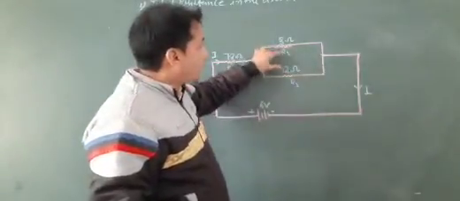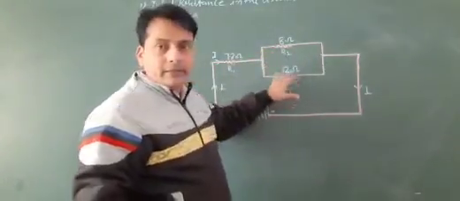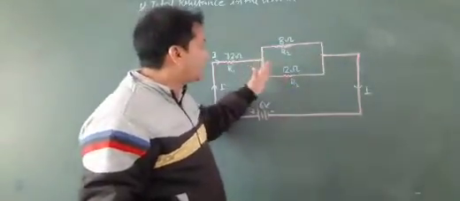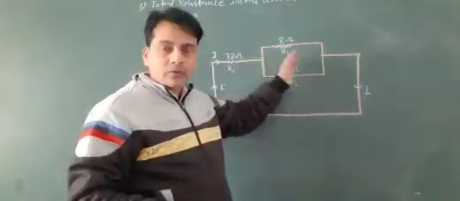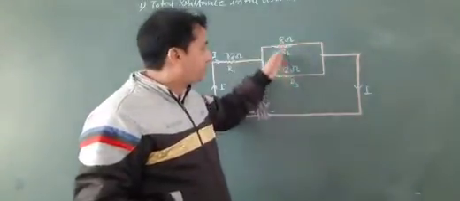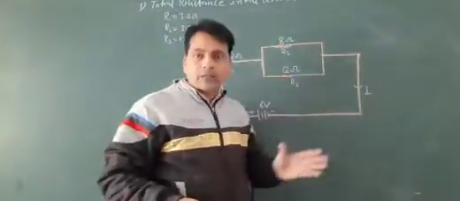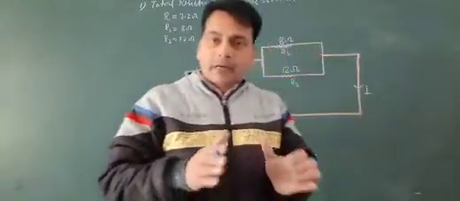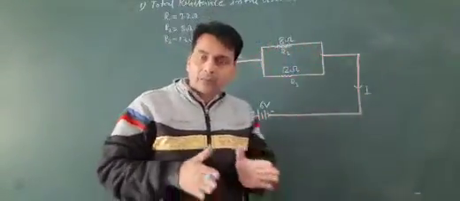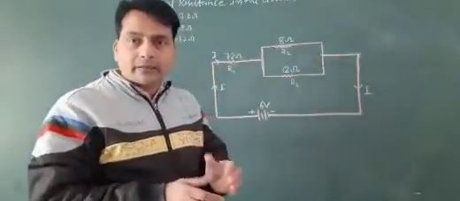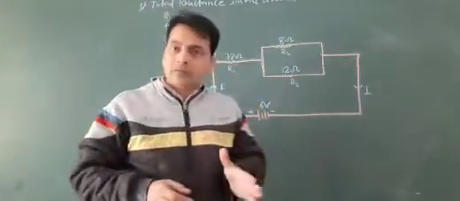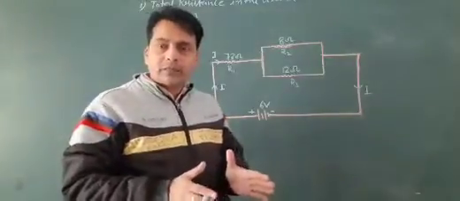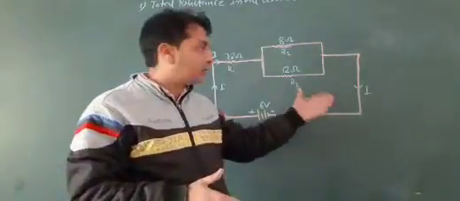Then R2 and R3 are connected in parallel combination because the electric current flowing through them is different. As you know, if two or more resistors are connected in parallel combination, the electric current through each resistor will be different and the potential difference will be the same in each resistor.